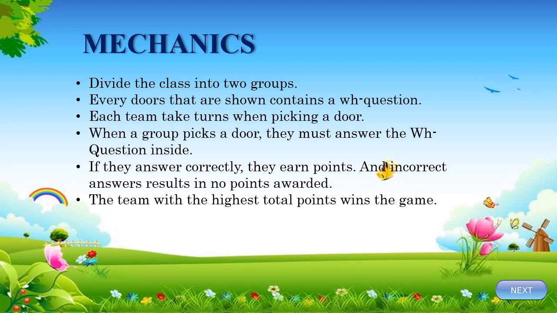In this game, you will be divided into two groups. The doors that are shown contain a WH question. Each team take turns when picking a door. When your group picks a door, you must answer the WH question inside.